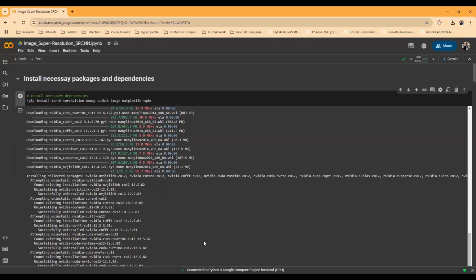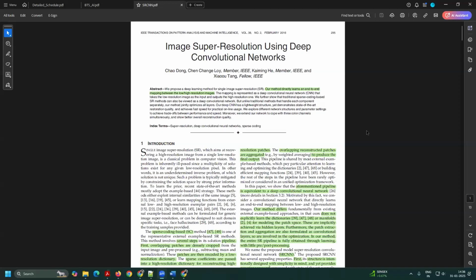And before that, let me give you a quick overview of what is image super resolution.